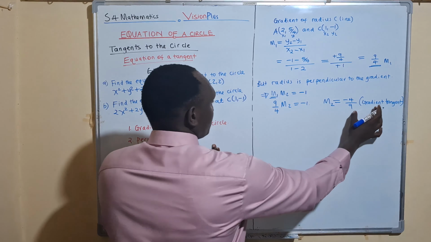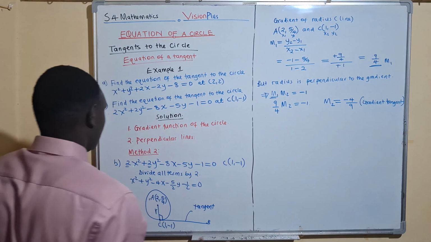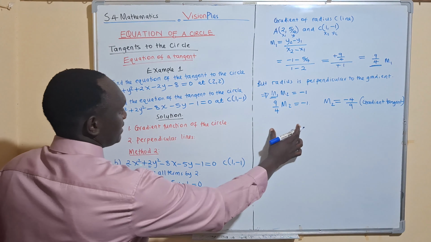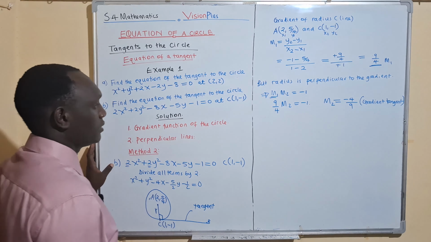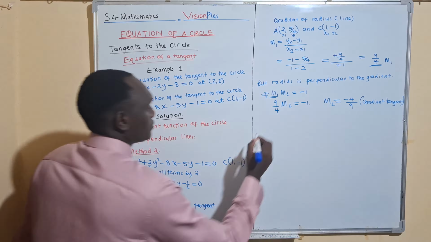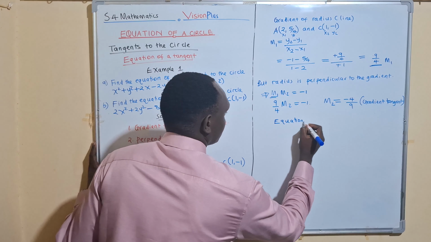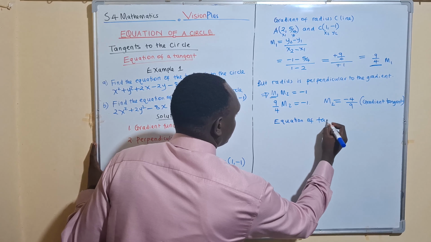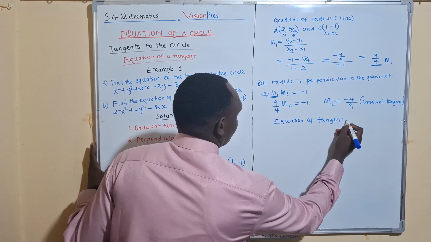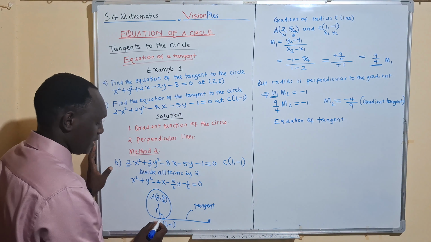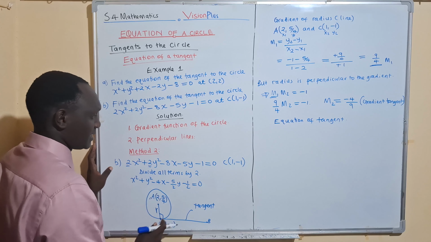Now, if we know the gradient of the tangent and we know one point on the tangent, we can find the equation of the tangent. So, to find the equation of the tangent, we shall use this point. This point C is on both the tangent and the radius.